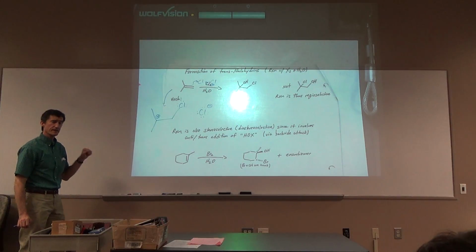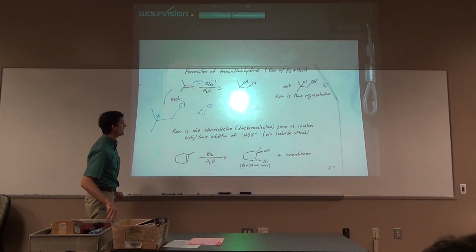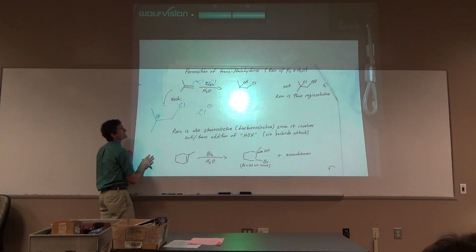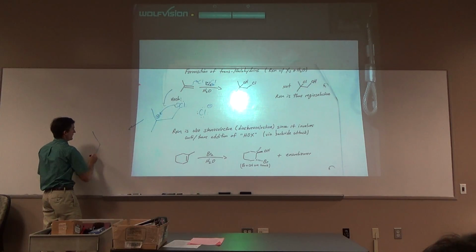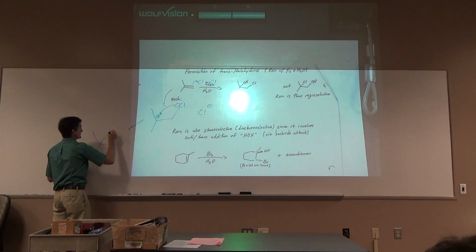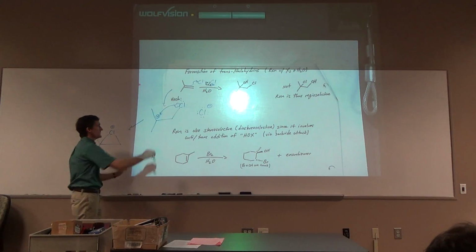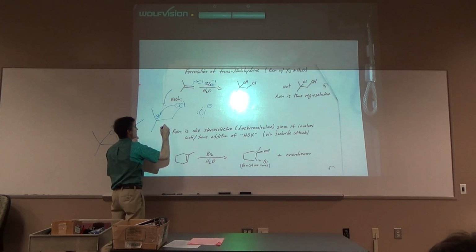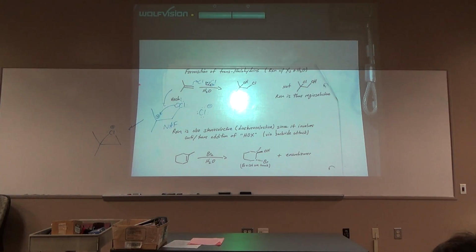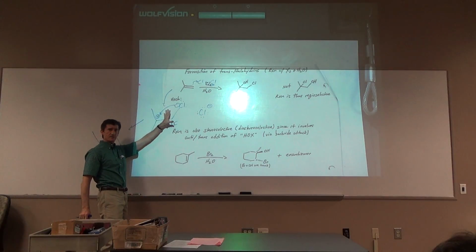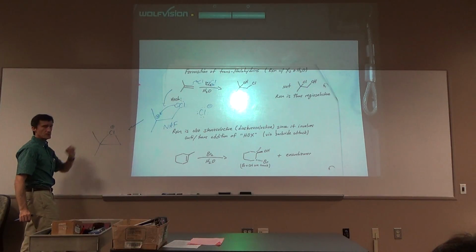But is it really going to be a cation? Hopefully not, because we're under B, and these are reactions that do not involve a cation. What's going to happen here immediately? Back bonding, and we get a chloronium ion. Is this really an intermediate? No. These first two steps happen at the exact same time. They're concerted. The only reason I'm drawing this on the board is so I can do it stepwise, but I realize it isn't stepwise in real life. The first intermediate is the chloronium ion.